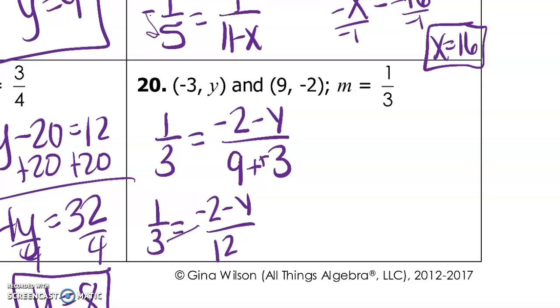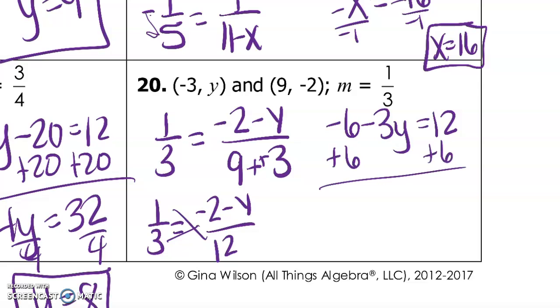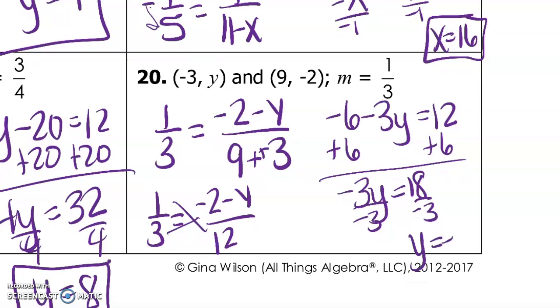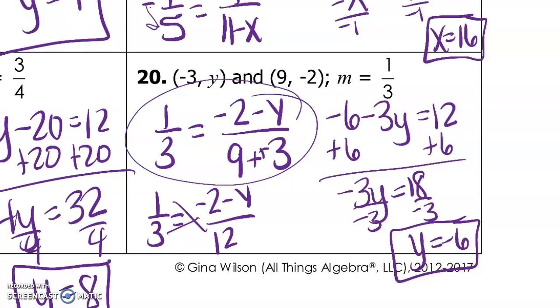So when you cross multiply, negative 6 minus 3y is equal to 12. Add 6. Negative 3y equals 18. Divide, and y equals negative 6. Again, you'd want to plug that back up into your original equation to make sure that would work.